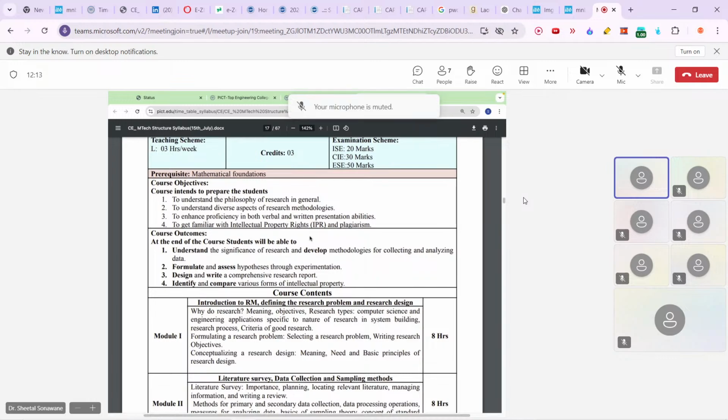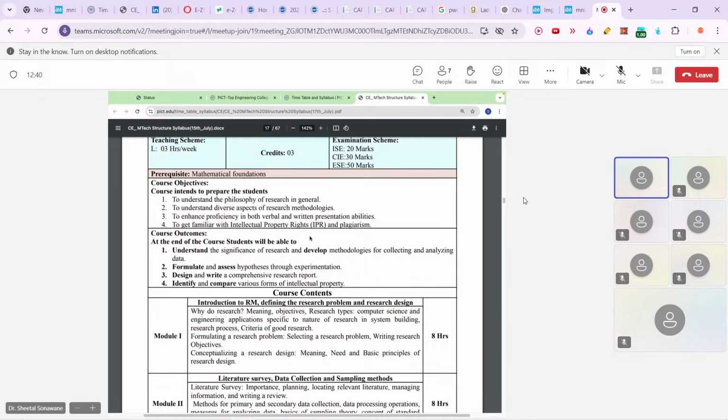So at the end of this course, students will be able to understand the significance of research and develop the methodologies for collecting and analyzing data. Starting from your data set till you get the result, the entire process will be covered in research methodology. Okay. Then formulate and assess hypotheses through experimentation, because you need to write your own statement about a system, right?